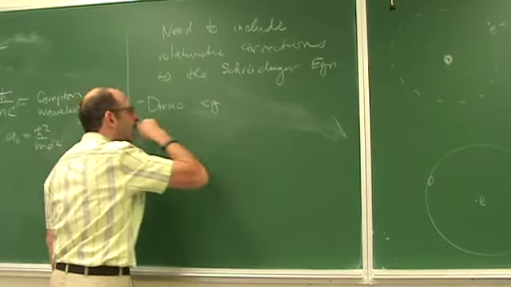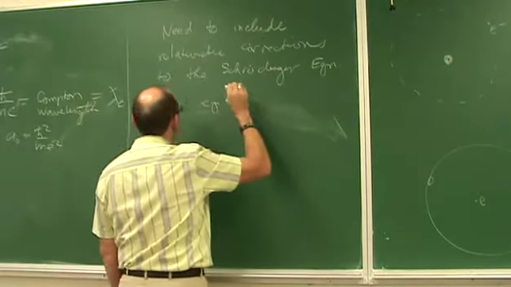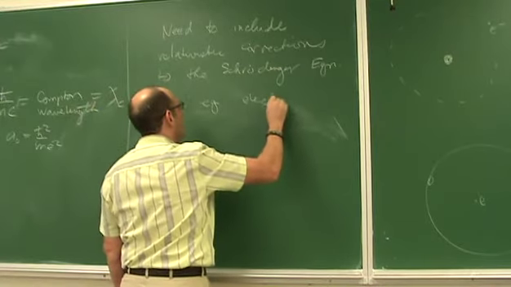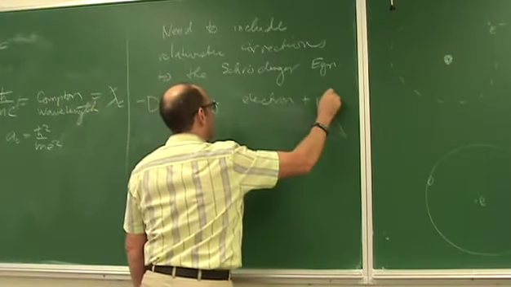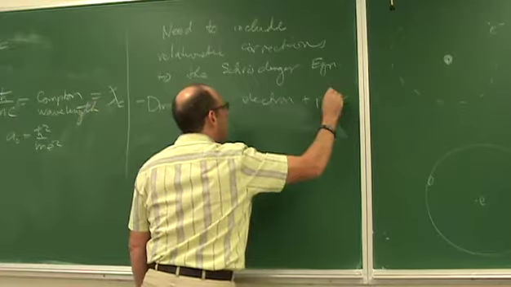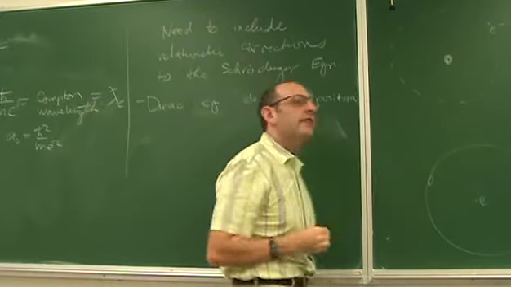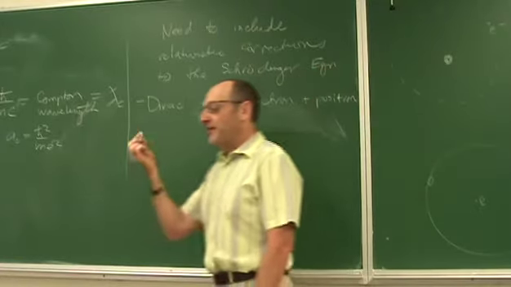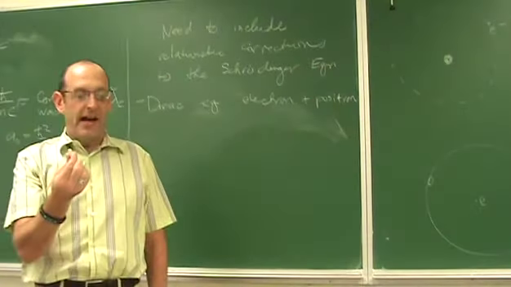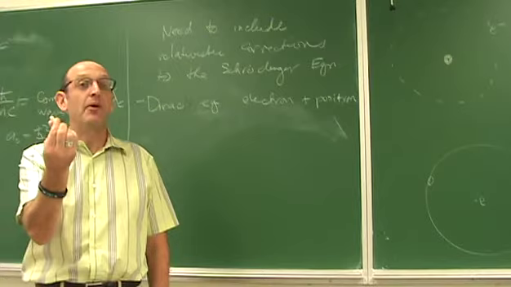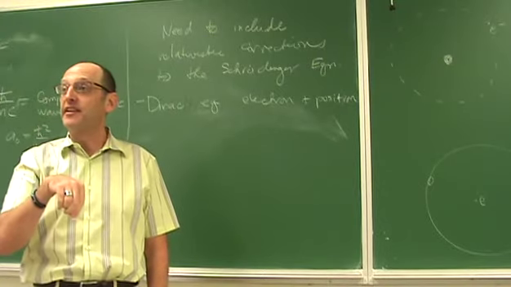So the Dirac equation is an equation for electron and positron, thought of as one entity. So when we have an electron, we think about it has two components, a spin-up component and a spin-down component.